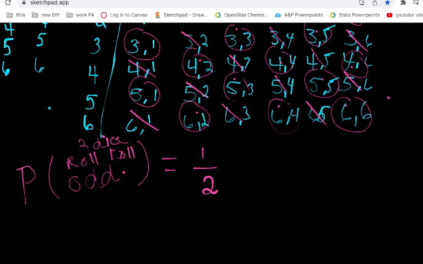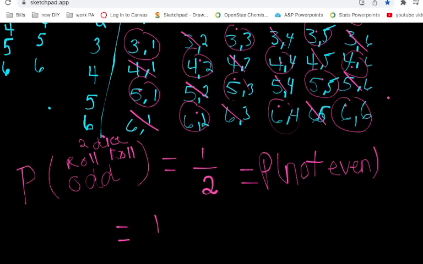So the probability of it being odd, or the probability of it being not even, is the same thing as saying it's equal to 1 minus the probability of it being even. Because the highest probability is 1, and if it's even, it's not odd. I hope that makes sense to you.